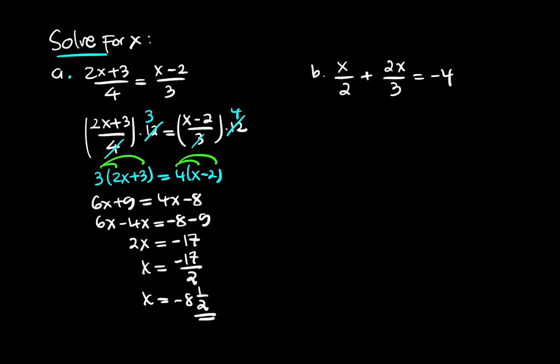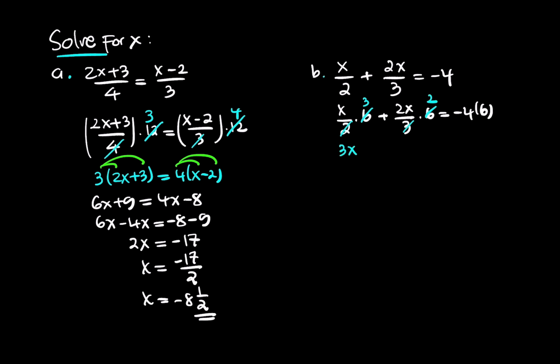Then for b, you can see that we have 2 and 3 for the denominator, so we can find the LCD. 6x/2 times 6 plus 2x/3 times 6 minus 4 times 6. Now this can be cancelled: 3, 2.